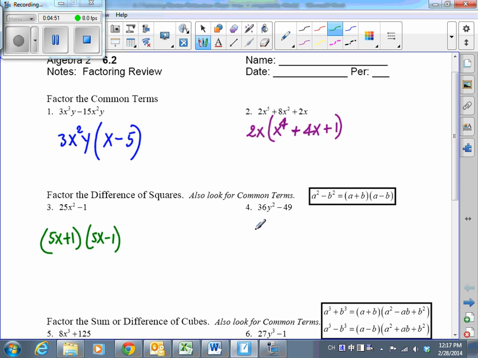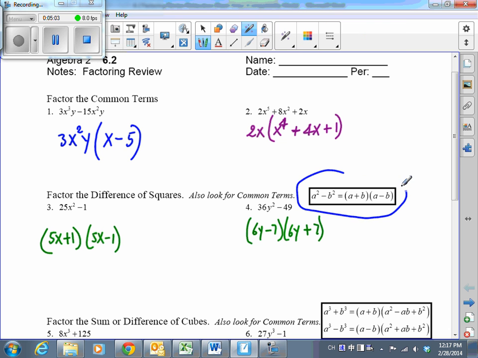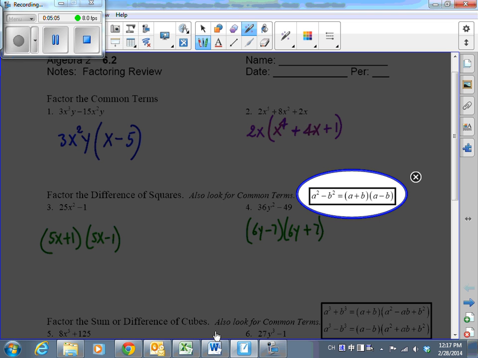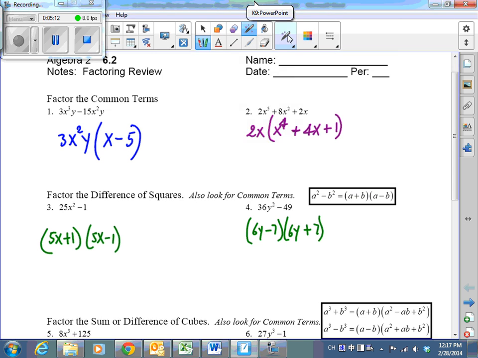How about this? 6y minus 7 and 6y plus 7. It will be the case every single time you have something like this. Every time you have a difference of two squares, you must use a plus b, a minus b. All right, let's go ahead and continue.